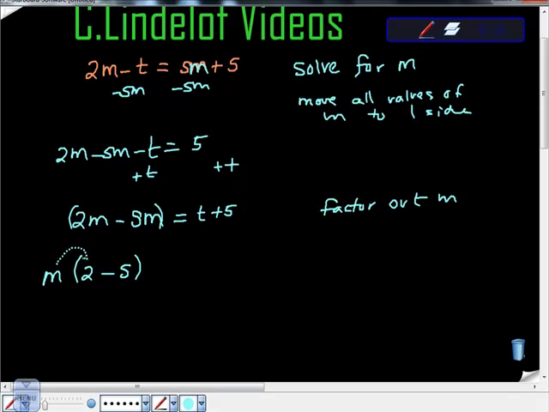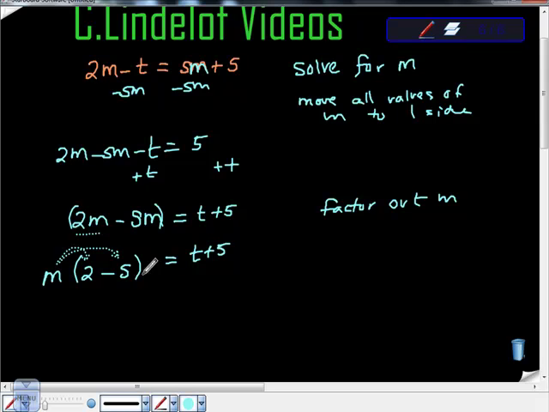If I multiply this back in, m times 2 would be 2m, and m times negative s, I'd get negative sm, right? So that works. And nothing changed on the right-hand side of the equation, which was t plus 5.